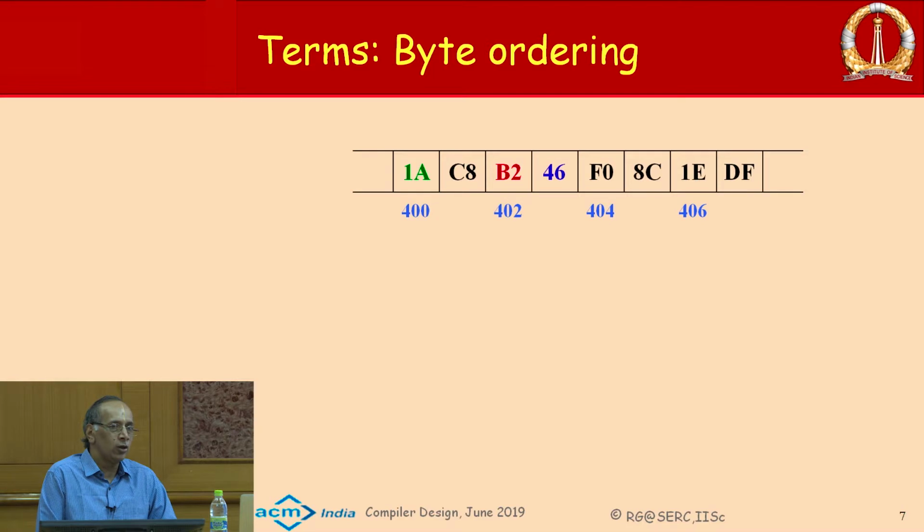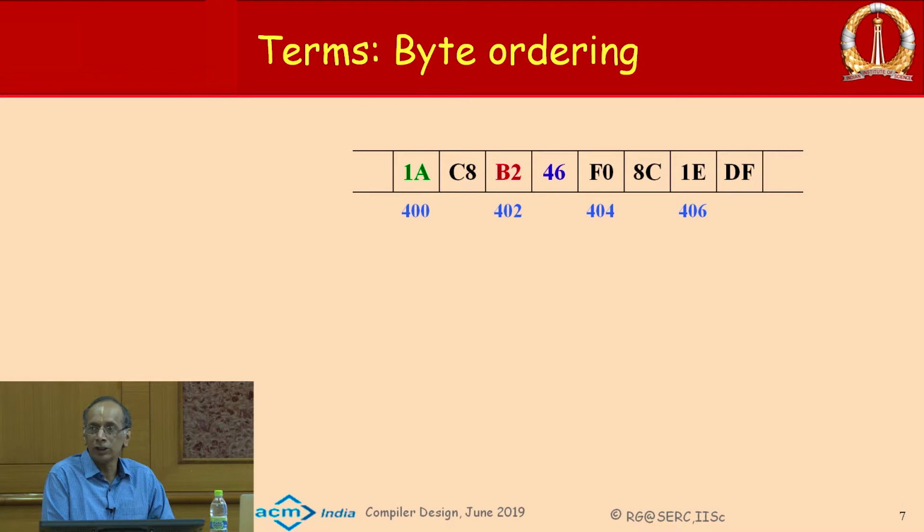So you can now think of this memory as this. Each location consists of 1 byte of information. You can see 2 hexadecimal digits there, that is 8 bits. And here I have taken some addresses starting from 400 onwards. What is stored in the memory is only the data, the address is never stored there.